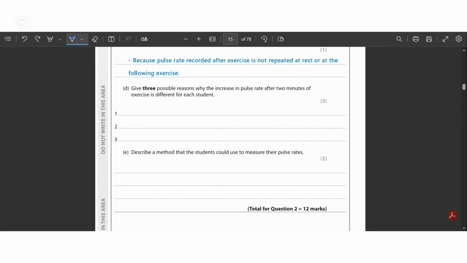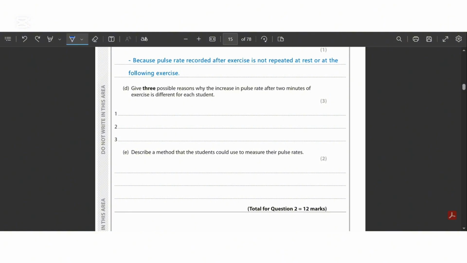Part D says: give three possible reasons why the increase in pulse rate after 2 minutes of exercise is different for each student. As I have said earlier, when we are looking at an experiment, it is very important to notice the external information, which is the age, mass, height, the type of activity being carried out, or the number of times the experiment is repeated, to know the accuracy of the experiment.